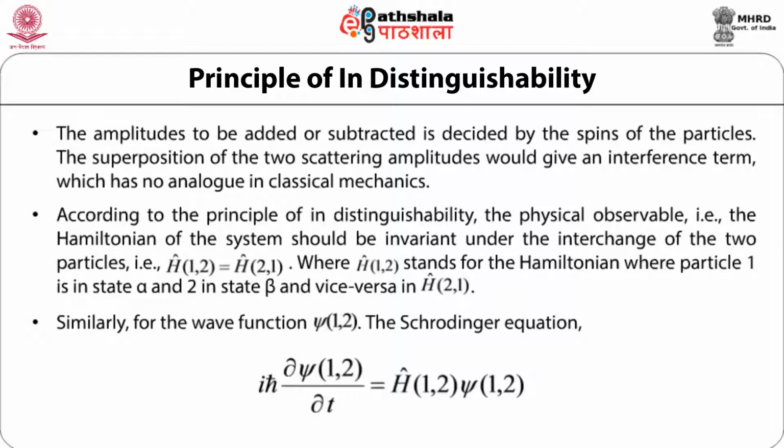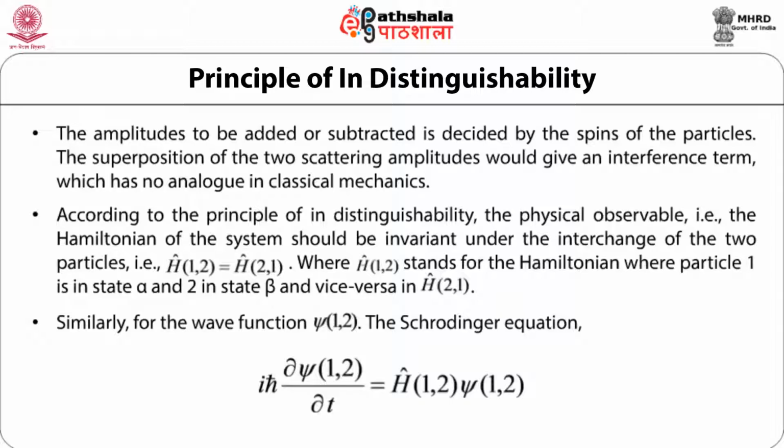Mathematically, we can express this as Hamiltonian operator H of the particles 1 and 2 is equal to Hamiltonian operator H of the particles 2 and 1, where H of 1 and 2 stands for the Hamiltonian where particle 1 is in state alpha and particle 2 is in state beta.